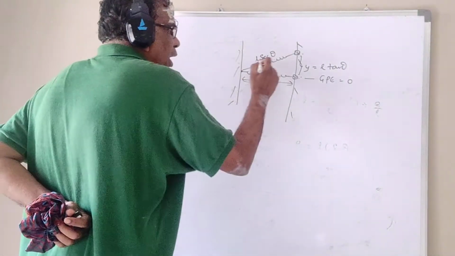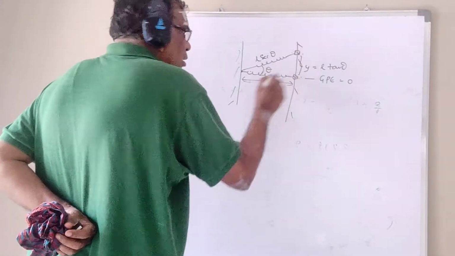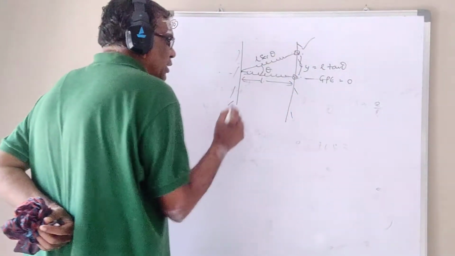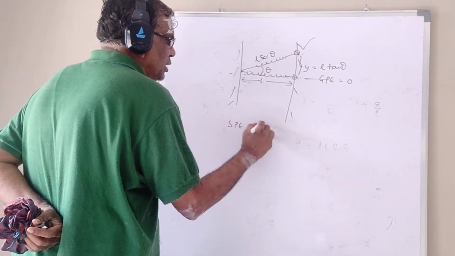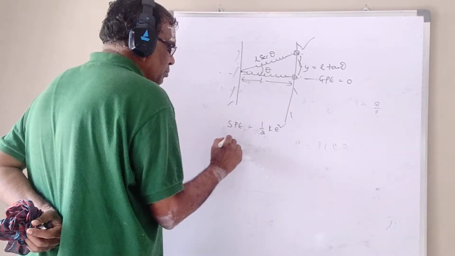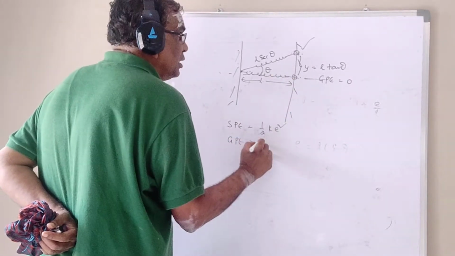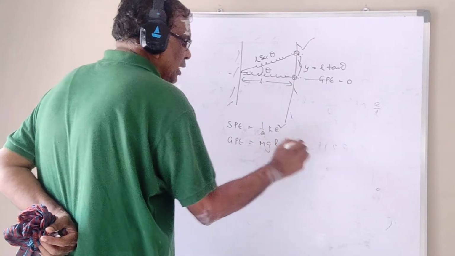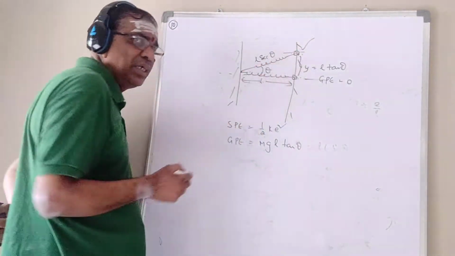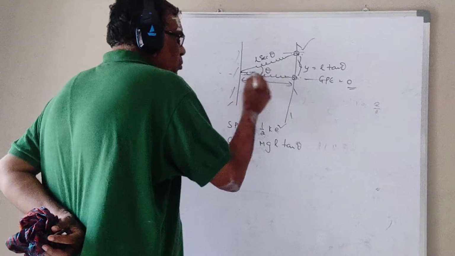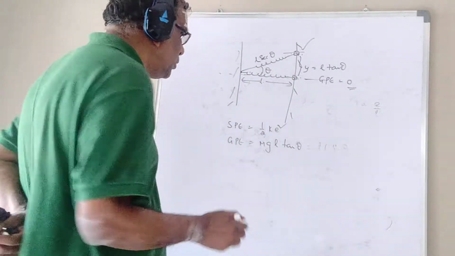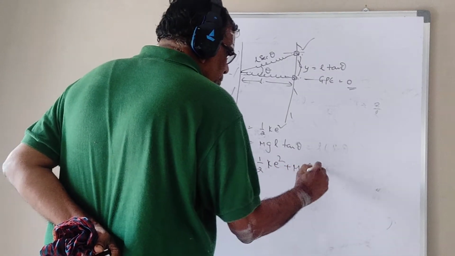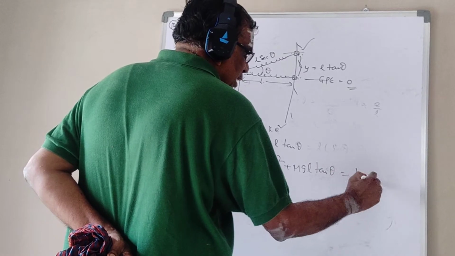Okay? Now, as before, if I take this as the 0 level of potential energy, I have spring potential energy there. Spring potential energy is half K E squared. Gravitational potential energy is mg into h, that is L tan theta. Now, by the time it comes here, GP is 0 and spring potential energy is 0. So the total is converted to kinetic energy.